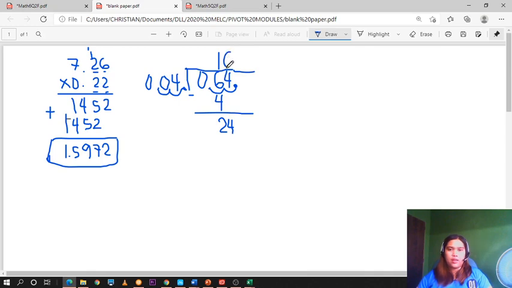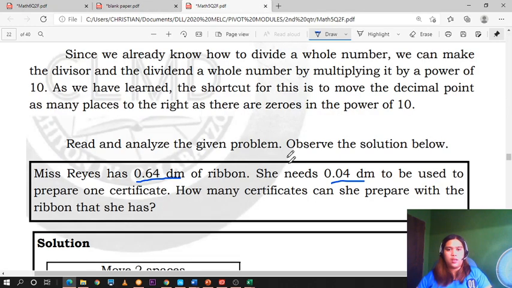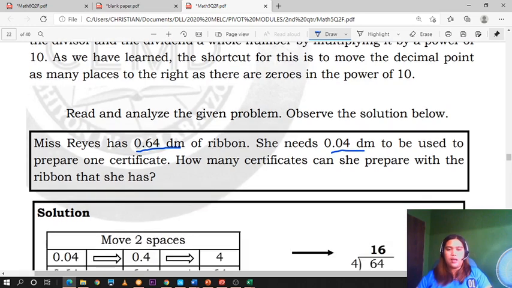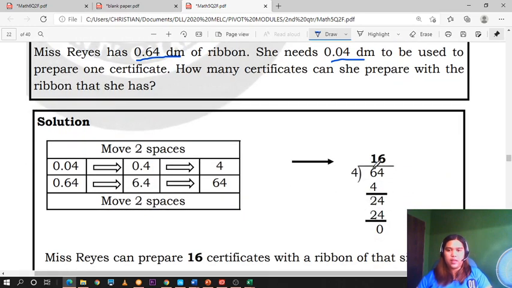So, yan ay 6. 6 times 4 is 24. And 24 minus 24 is 0. Okay? So, ang ibig sabihin ng ating answer is 16. So, we will have 16 certificates that she can prepare with the ribbon that she has. So, 16 po yung ating magiging answer. So, tama.